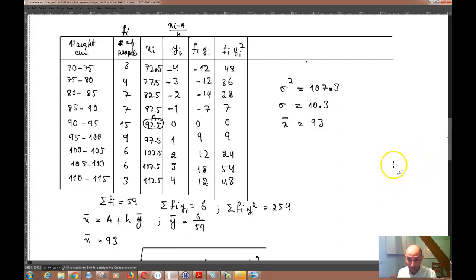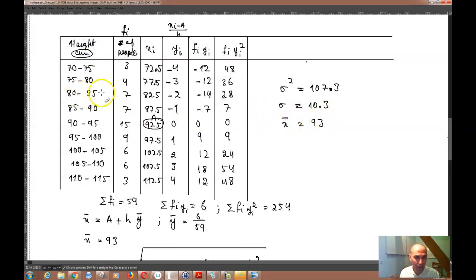Okay, so what we have here is basically the heights of these people. It goes from 70 all the way to 115 in centimeters. So the average of these heights was 93.